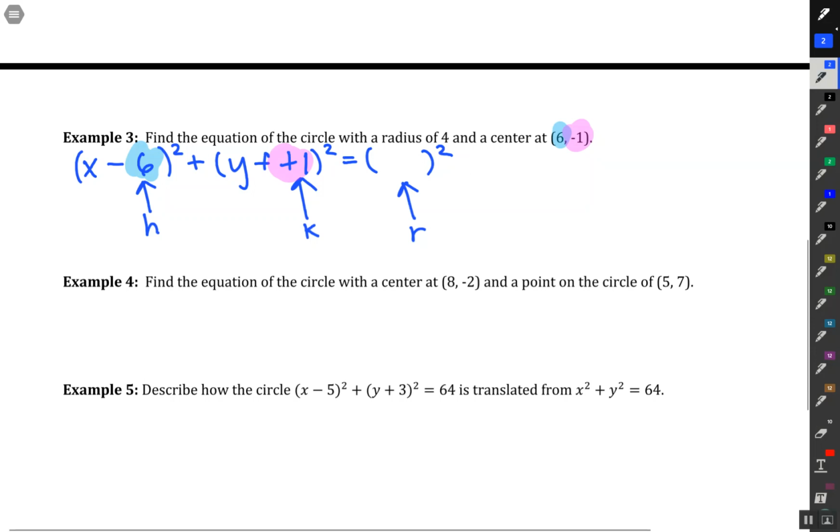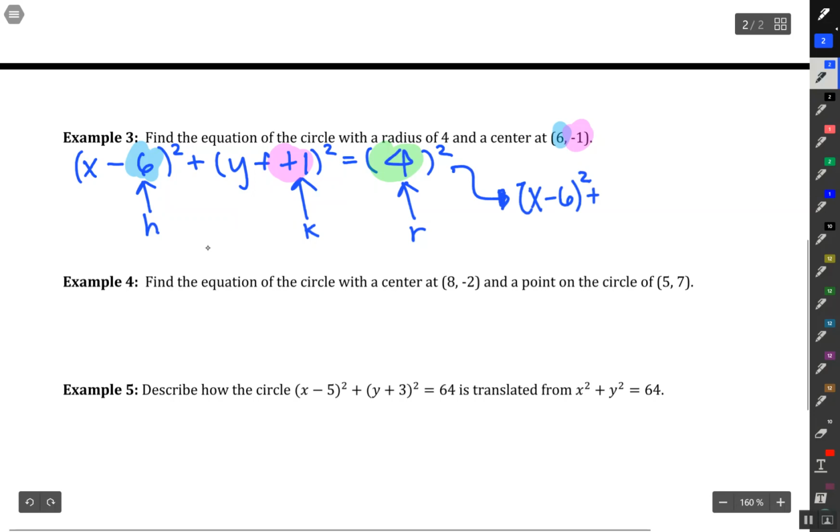And then our radius of 4 goes here. Alright, only thing you really can do after that is just clean it up, and it's going to be x minus 6 squared plus y plus 1 squared equals 16, which is 4 squared.